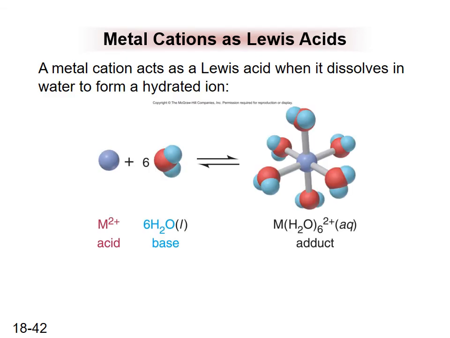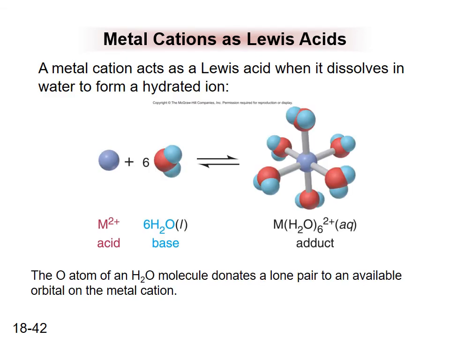Some metal cations can react with water molecules to form hydrated metal ions, for example the aluminum 3+ ion. These cations have empty d orbitals, and water has lone pair electrons.